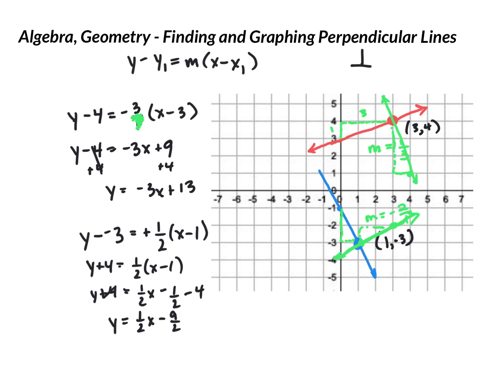If it was negative, we make it positive, and do the reciprocal. So flip the change in x and change in y, as we did here. Our original slope was 1/3. We made it a negative, and then 3/1. This slope was -2 on my original line, so we made it positive and then made it 1/2.